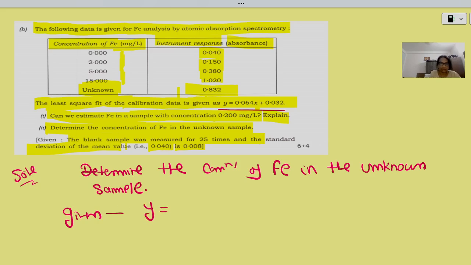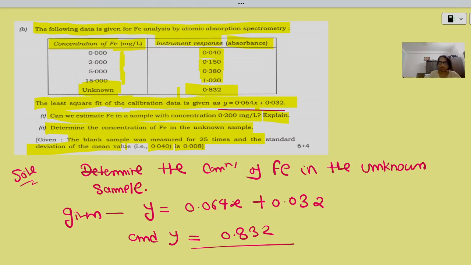It is least square method data: y is equal to 0.064x plus 0.032. And after calculation of this, y is equal to 0.832.